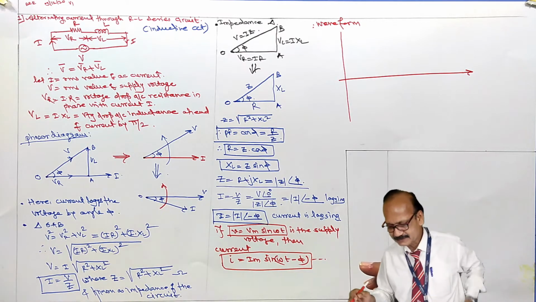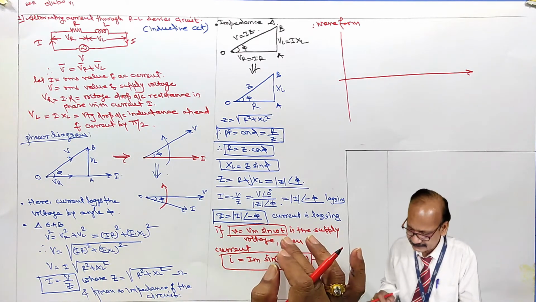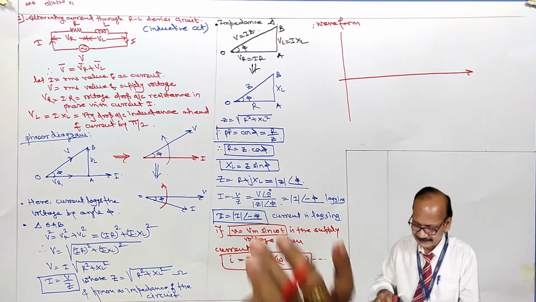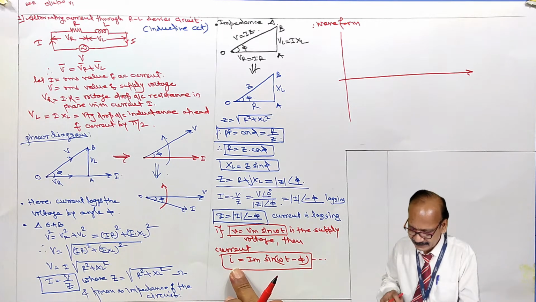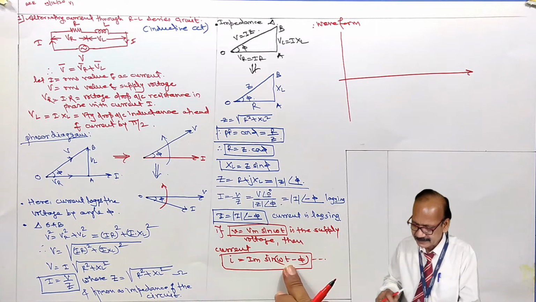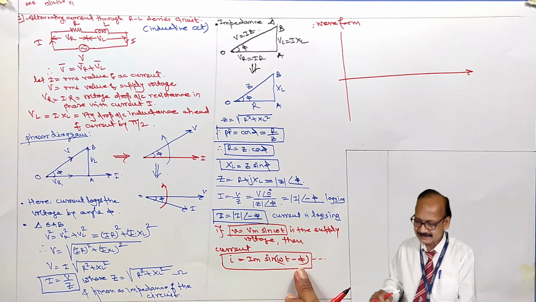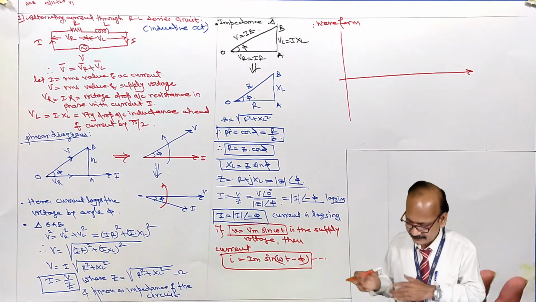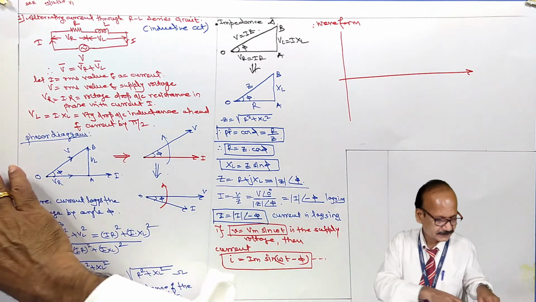If you compare these two equations, the voltage equation with omega t plus or minus 0 indicates that this is the reference, starting from the origin. Whereas the current is lagging, and here sin omega t minus phi indicates that this waveform will start from the right of the origin.